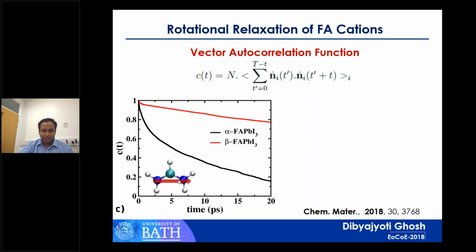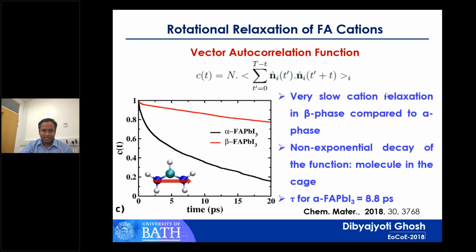Considering the nitrogen-nitrogen axis as the molecular axis in our calculations, we found that in the alpha phase you have pretty quick randomization of these molecular vectors. However, in the beta phase, it remains correlated and does not decorrelate during our simulation at all. So this again tells us that cation relaxation in the beta phase, that is the tetragonal phase, is much slower than in the alpha phase.